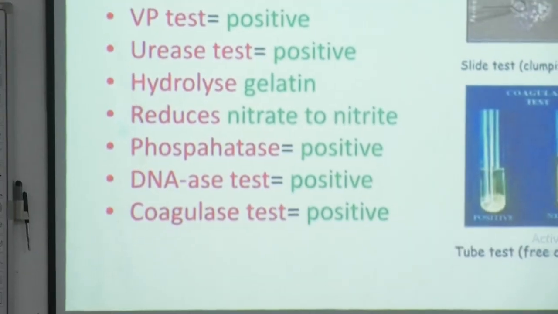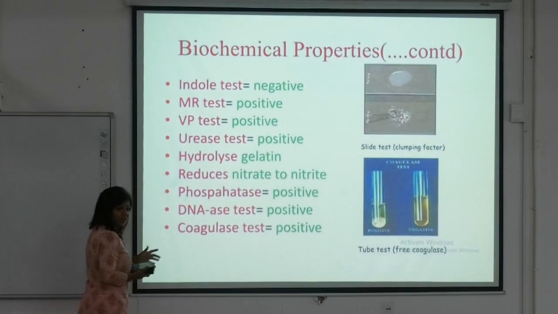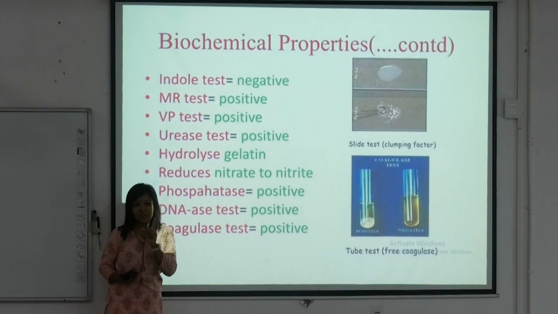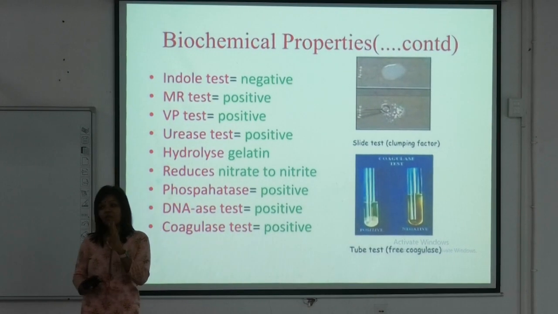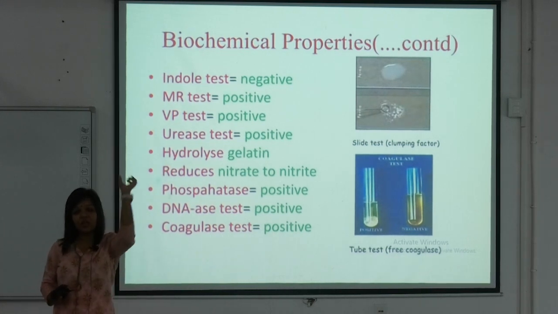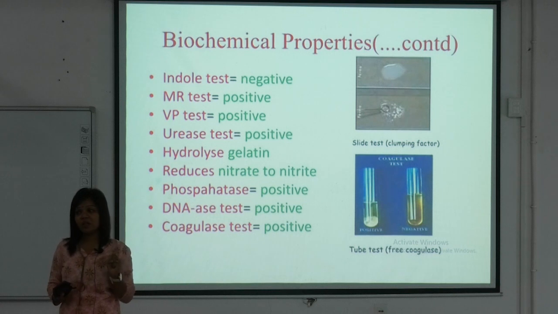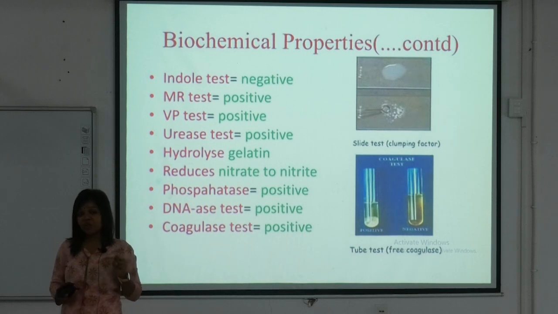So another thing is important for you, it hydrolyzes gelatin. Gelatin, you know, in the first class I told you about solidifying agents, agar and gelatin. To make any liquid media a solid media, first they started using gelatin, okay? But why did they stop using gelatin?